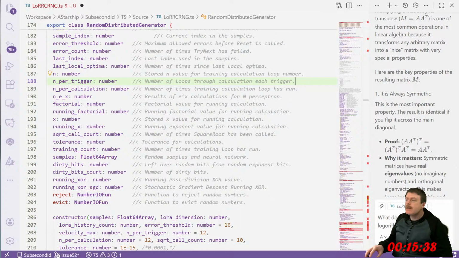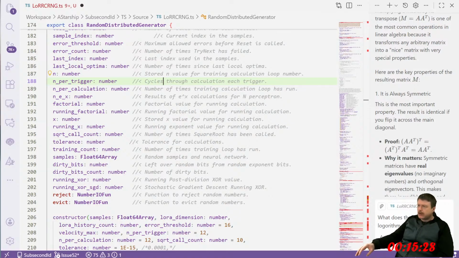This is 82, son of a bee. How about cycles through calculation each per.